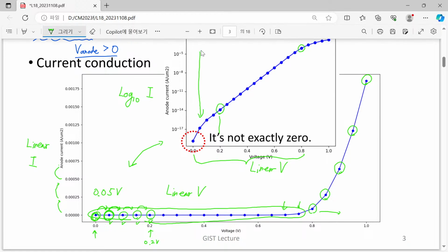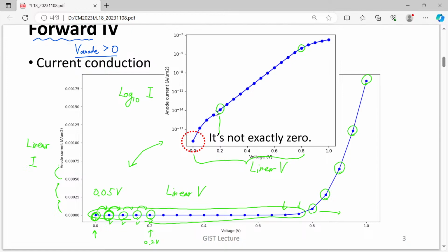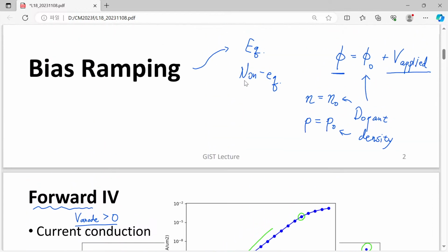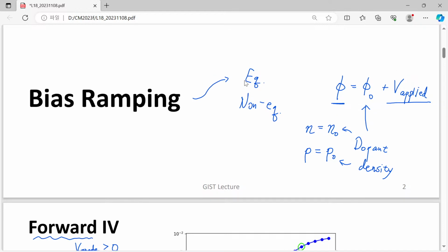So please note that when you draw your IV characteristics, in many cases you draw two plots with the same data points: linear scale and semi-logarithmic scale. Now you can see that this kind of simulation capability can be achieved without spending almost any additional implementation effort.